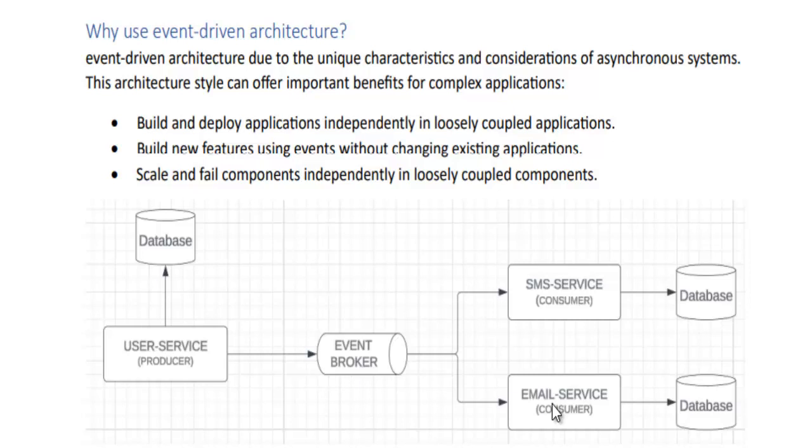I created that diagram. So whatever your business and whatever your need, you will implement an asynchronous system if it suits your requirements. Let's say I have a user service and it's a producer, and I have an SMS and email service.